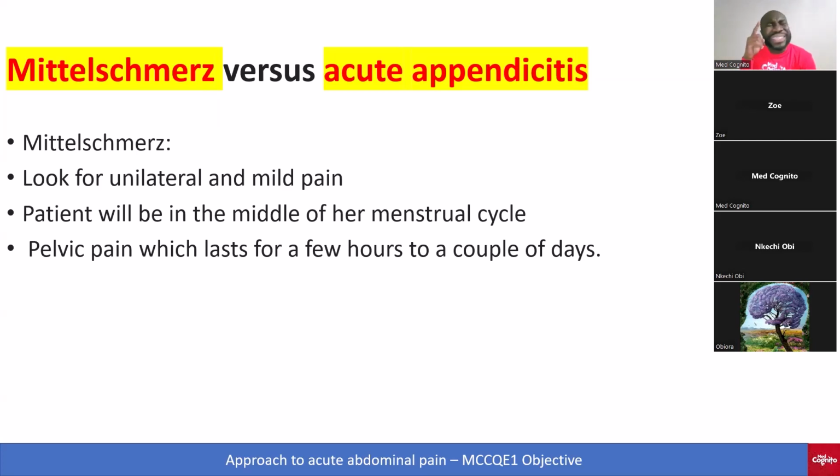And look for that clue, which will talk about the fact that the patient is in the middle of her menstrual cycle. If you get a patient with middle of the menstrual cycle pain, and the pain lasts a few hours to a couple of days, no fever, pain does not get localized in the right lower quadrant, no malaise, nothing, that is ovulation pain, mittelschmerz. Mittelschmerz, I think it's a German word.